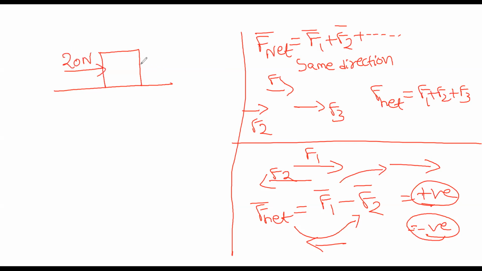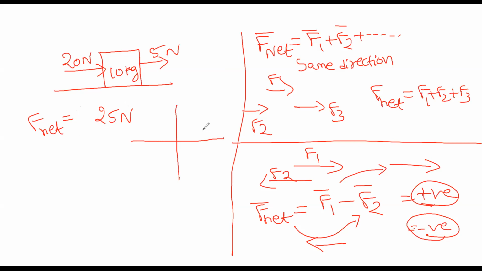Now, 20 Newton, 5 Newton, 10 kg. What is the net force on this? 25 Newton. F net is 25 Newton. From here we will divide these forces into two components, in X direction and in Y direction.